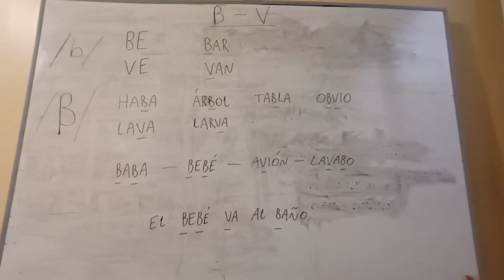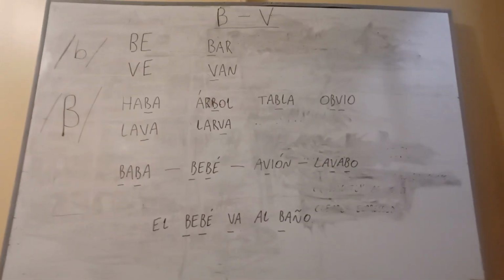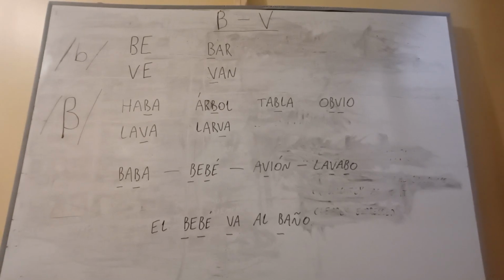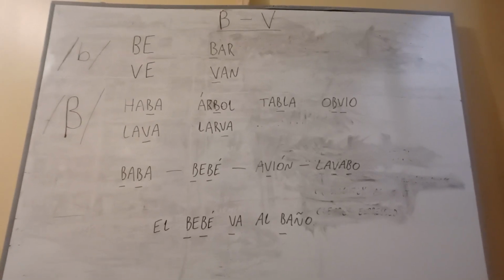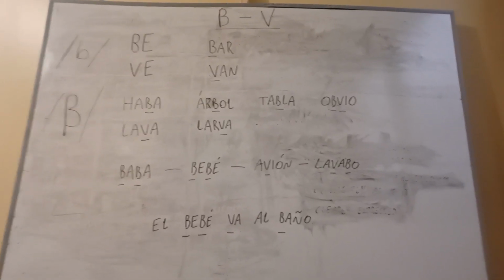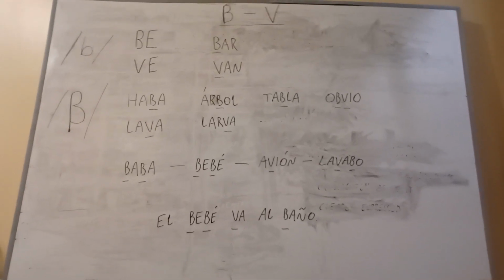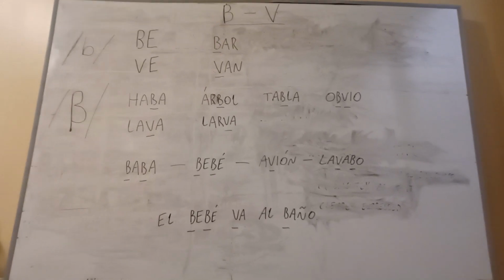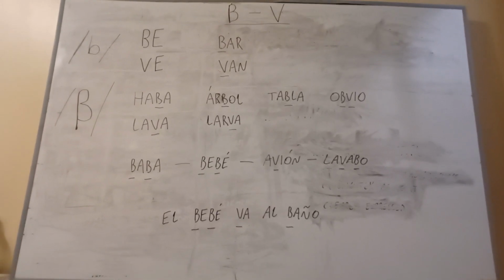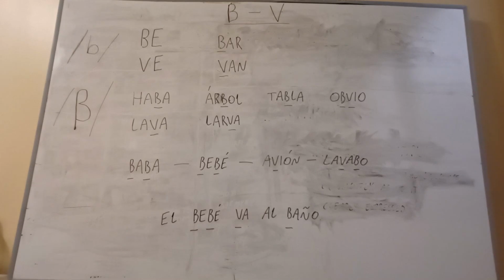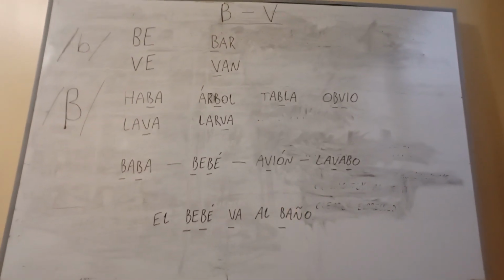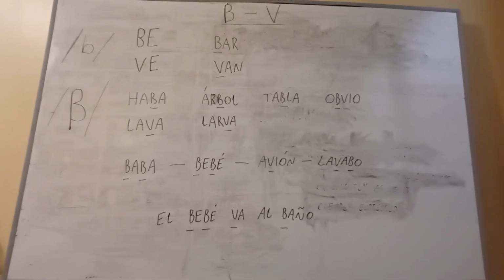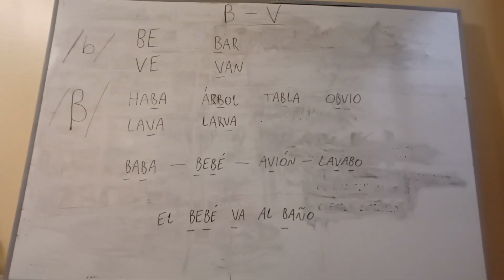It doesn't matter either if they are open and closed vowels. That is, if we have a, e, o from one side and e and u on the other side, there is no difference. So in this third example, the B underlined is pronounced like the approximant.